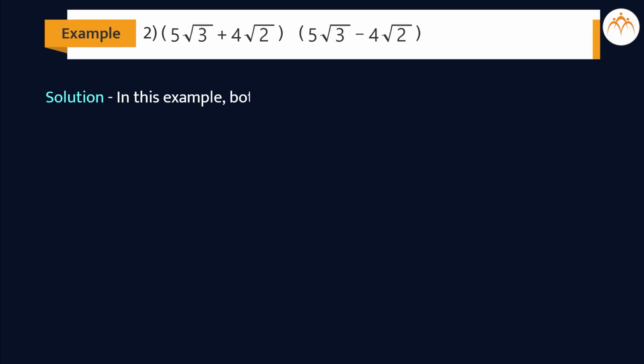In this example, both binomial surds are in the form of (a + b) and (a − b).